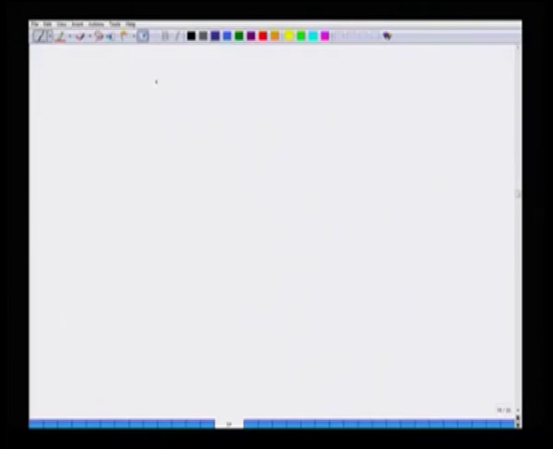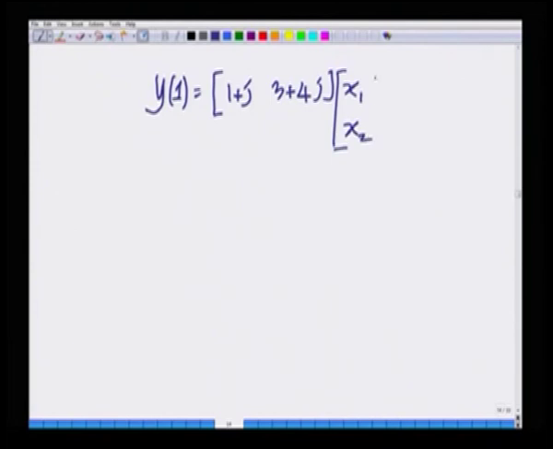Remember, we are transmitting x 1 and x 2. So, I can write this as y 1 equals 1 plus j, 3 plus 4 j into x 1 and x 2. This is the first time instant.